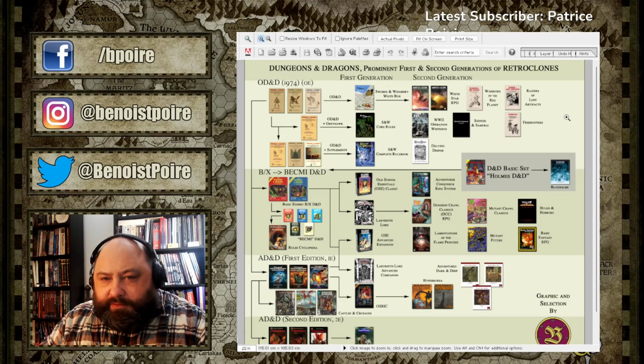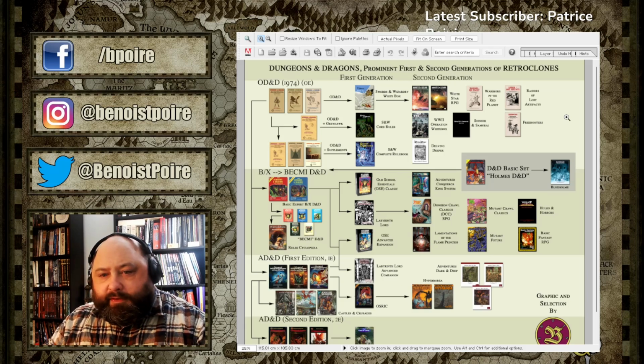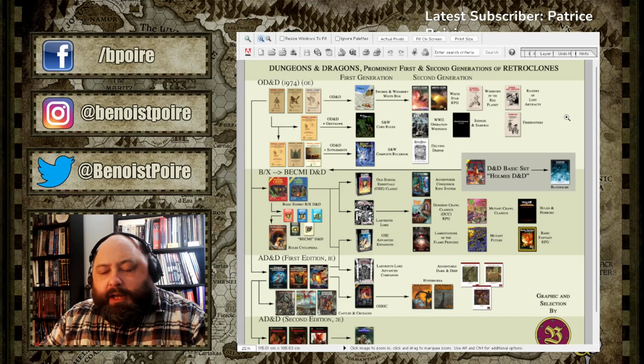Now, that was the first generation of clones chronologically, though there are still fourth generation clones that are coming out now. One of the latest ones was Old School Essentials, which is counted here as a first generation clone. And soon enough, the second generation clones started coming out.